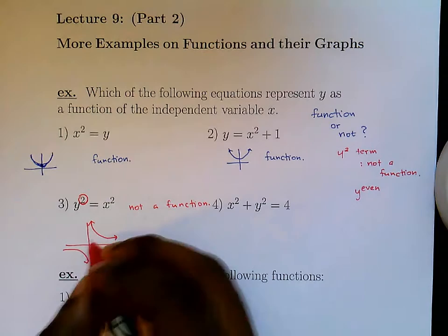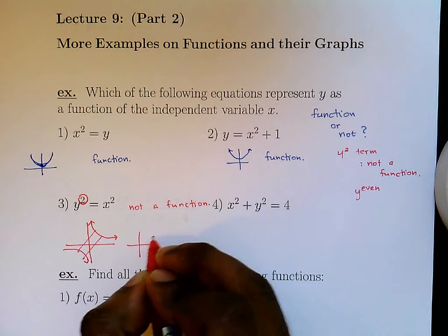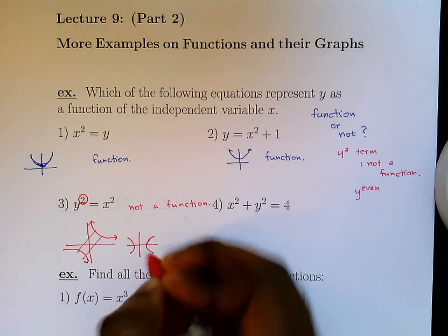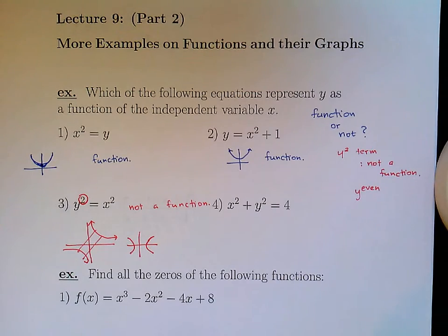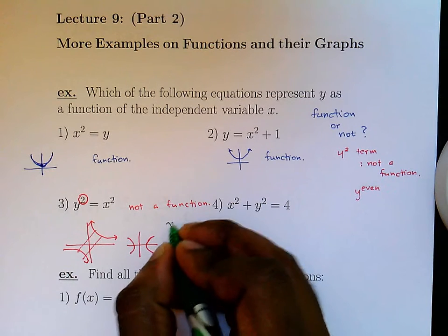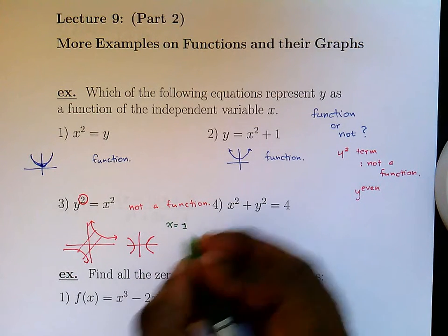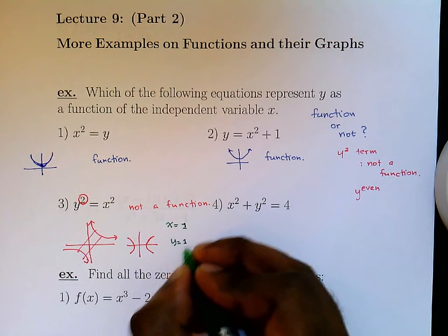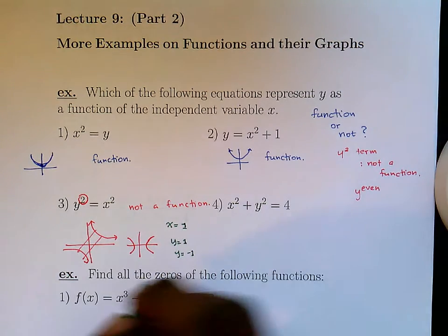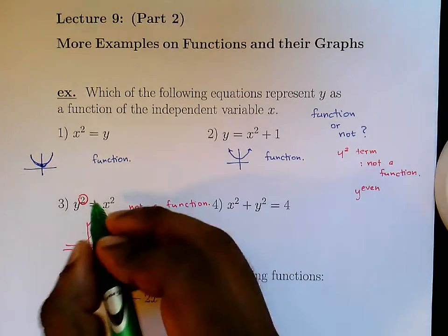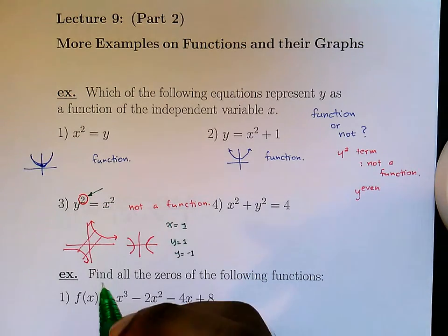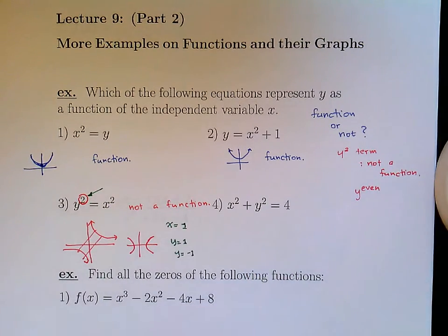It probably looks something like this, but either way, it's not a function because, for example, the value x equals 1 would correspond to y equals 1 and y equals -1. So the factor that determines that is the y squared term.